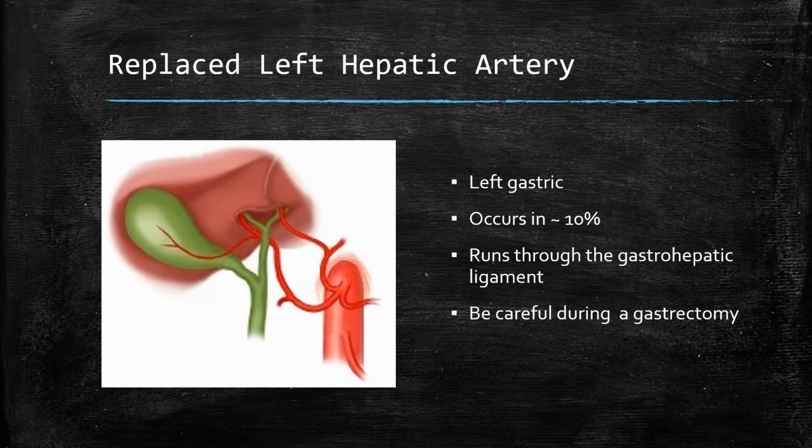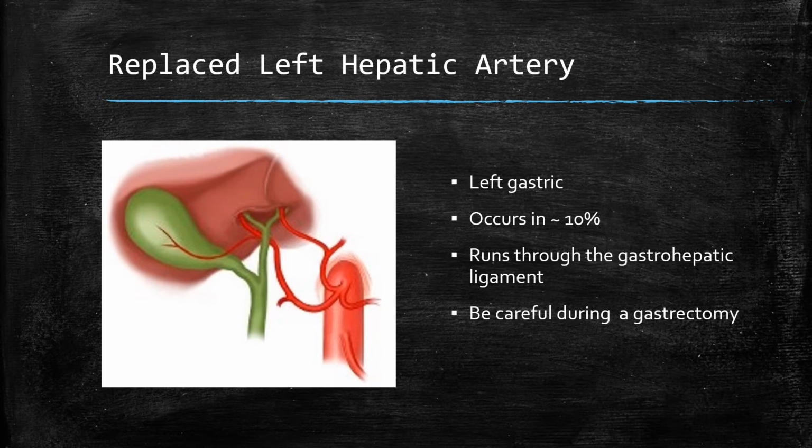If you're doing a gastric cancer operation for cure, ideally you're going to be dividing the left gastric artery close to its takeoff. In this case, that would mean that you're dividing a replaced left hepatic artery as well.